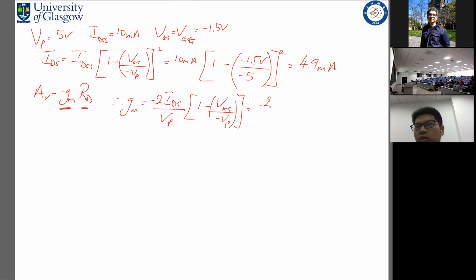So this is minus 2 times 10 milliamps over 5 times 1 minus 1.5 minus 5. So this is minus 2.8 times 10 to the minus 3 amps per volt.